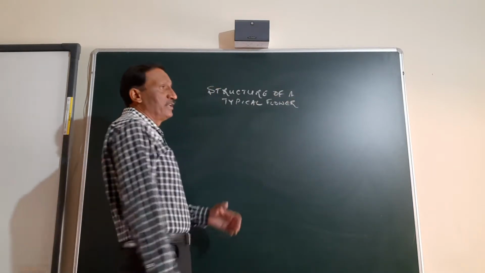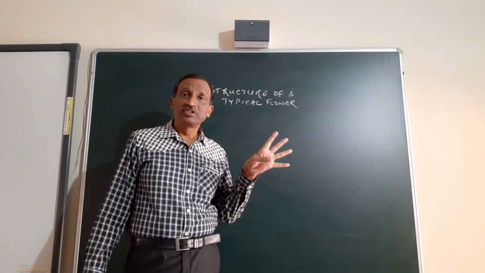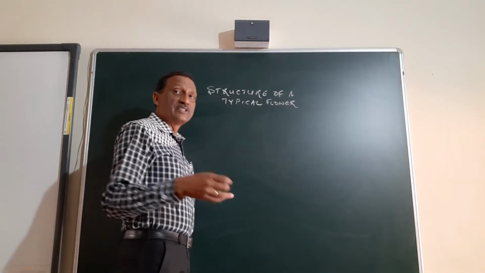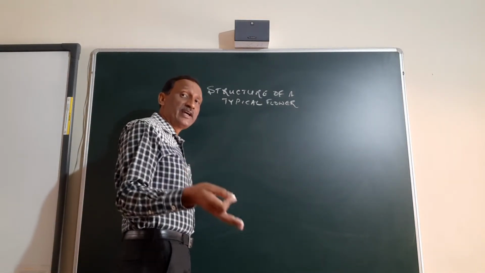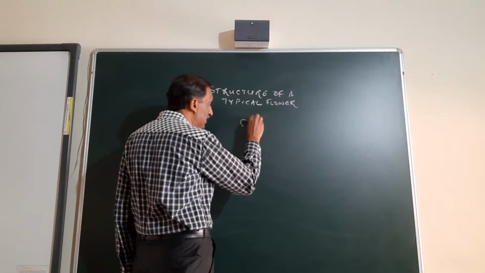Like this. Yesterday I also explained that the flower has 4 whorls, 4 parts. They are the sepals, petals, stamens and pistil. When we draw the diagram, we will start from the innermost.